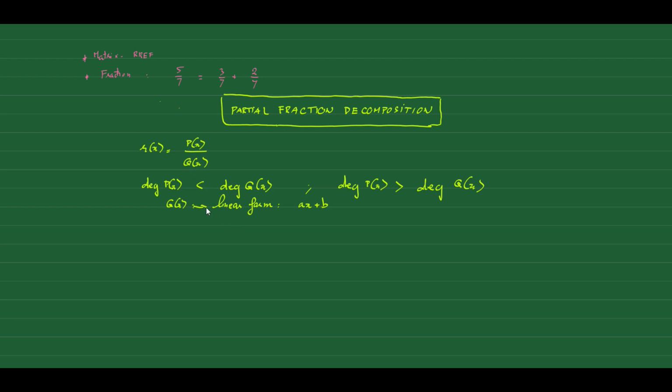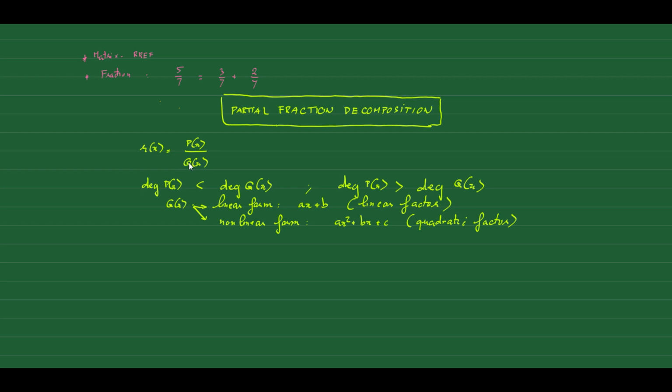Another case you're going to see will be a quadratic form. It's a non-linear factor, so it must be this one. We call this one a quadratic factor, and this one a linear factor.